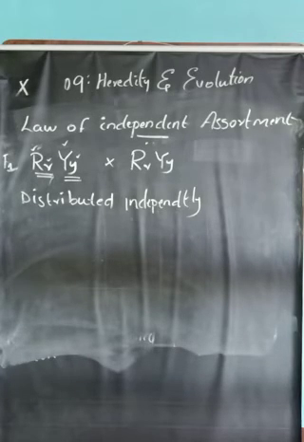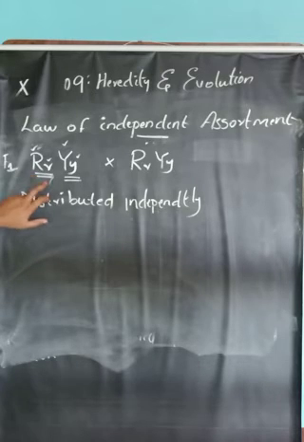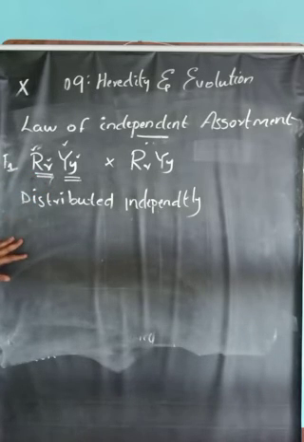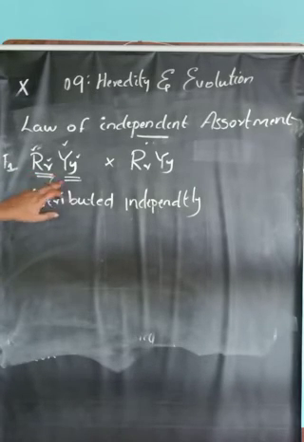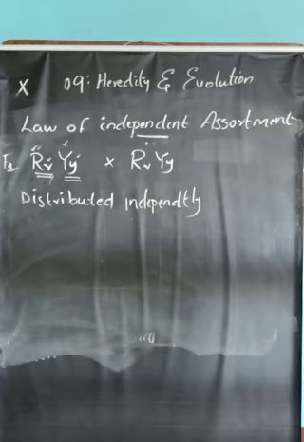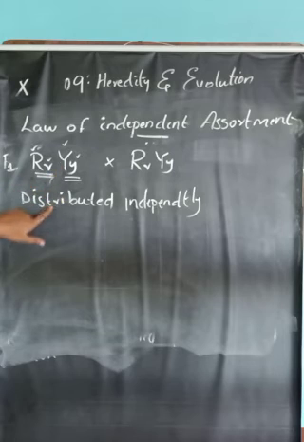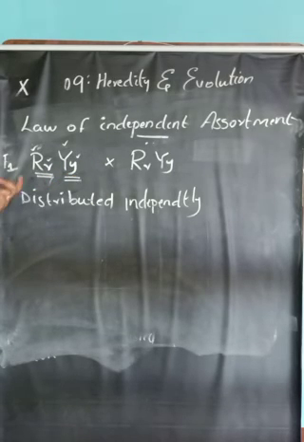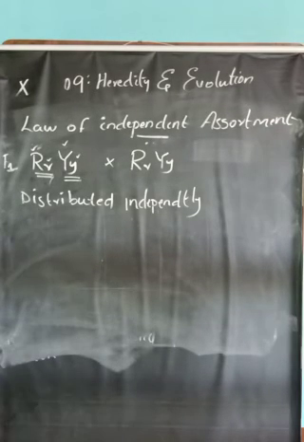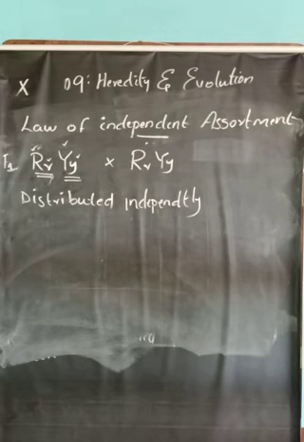So the capital R and small r may assort independently of the capital Y, small y. And capital Y may separate or distribute independently of the small y. Like that, in pairs, the genes are distributed independently without the other gene. There is no relation between the distribution of these two genes. So this is the law of independent assortment.